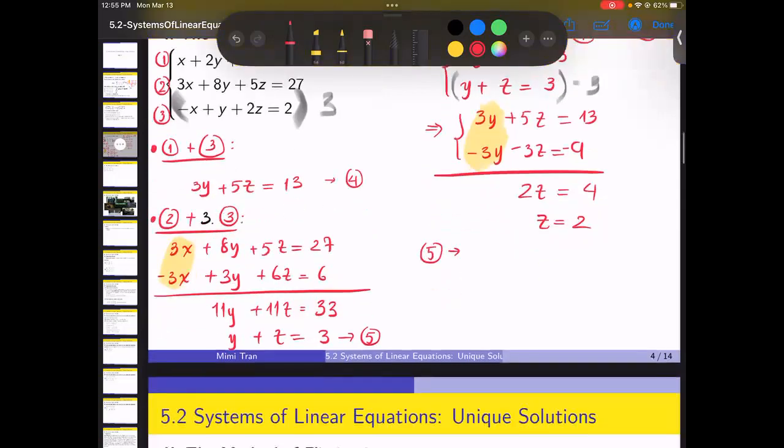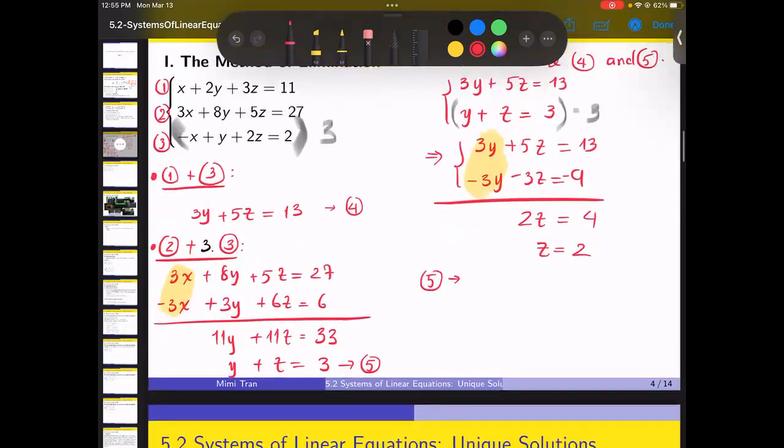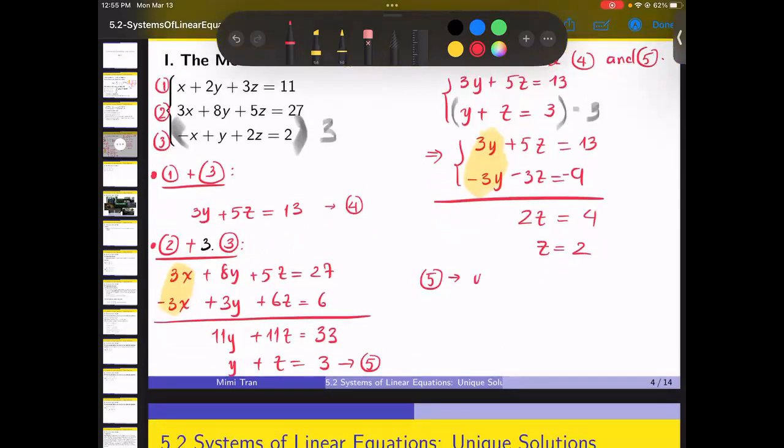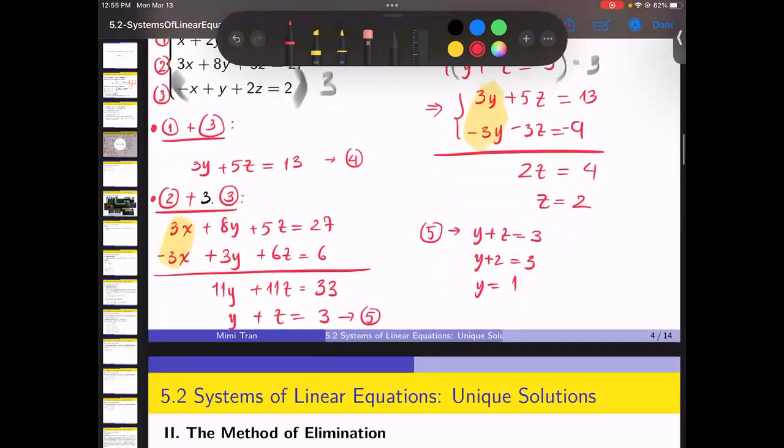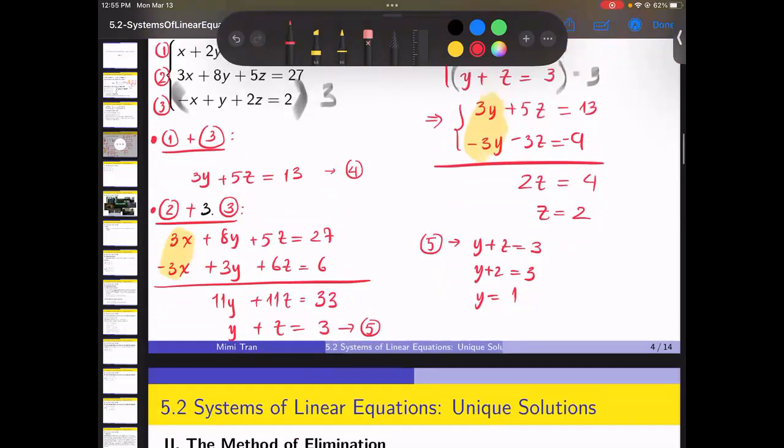Technically anything is fine. 5 is y plus z equal 3. Z is 2, so y plus 2 equal 3. Y equal 1. Now you can plug into one of the first 3.